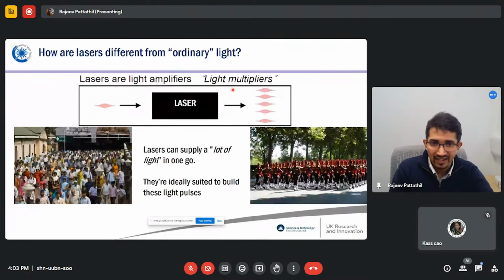So if you were to create a short pulse of light, chances are that you may want to do this using a laser, because there you have control on when you emit all the photons, and they all emit in one go, so you can in principle get much brighter pulses or much shorter pulses using lasers.